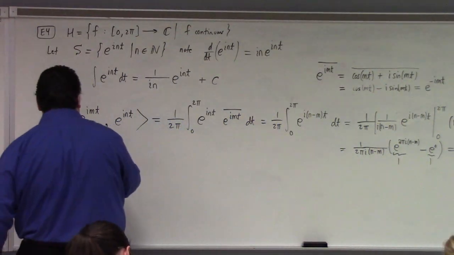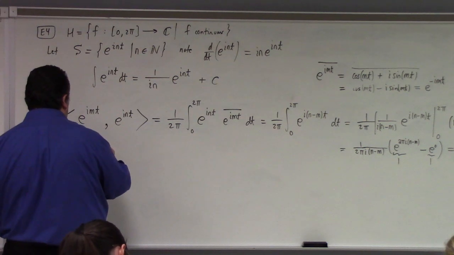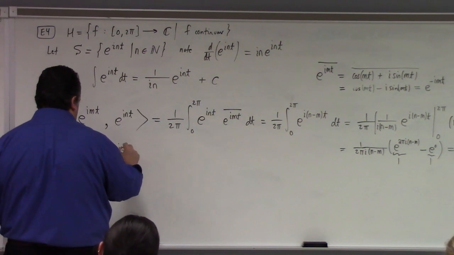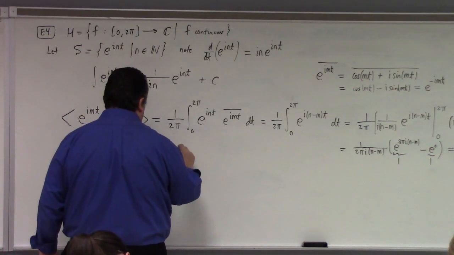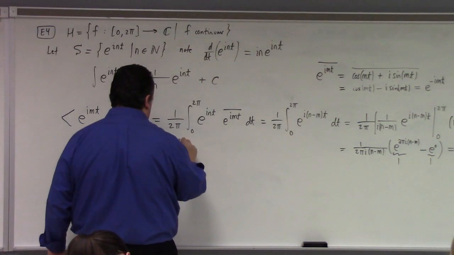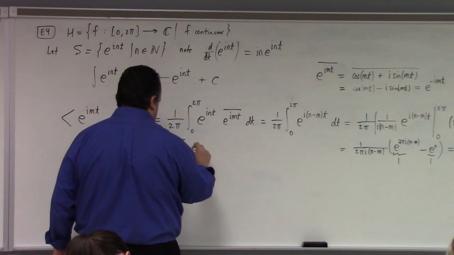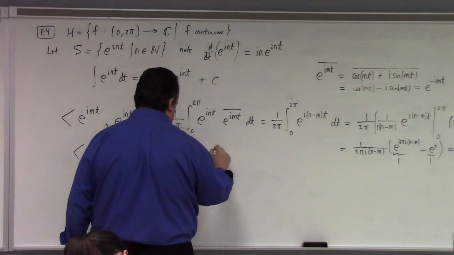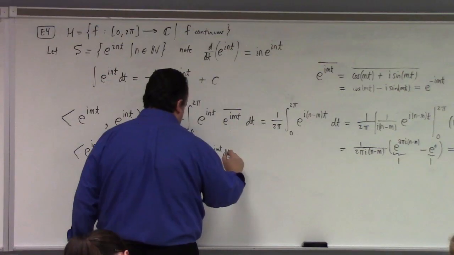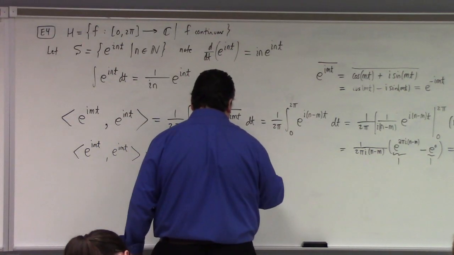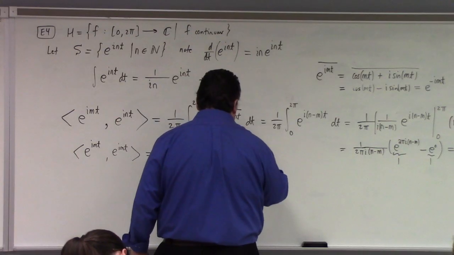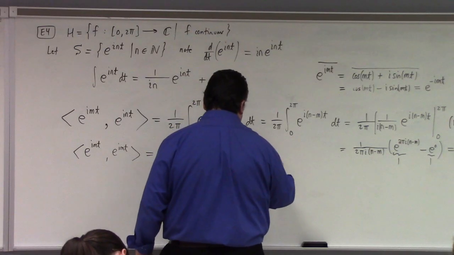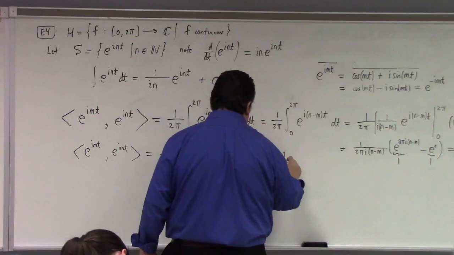On the flip side, if we do e to the imt, e to the imt, right? We get 1 over 2 pi, the integral from 0 to 2 pi of e to the imt, e to the minus imt dt, which of course is just 1 over 2 pi times the integral from 0 to 2 pi of dt, also known as 1.